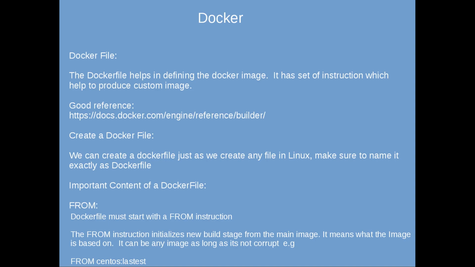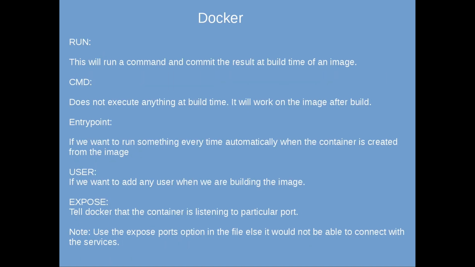It means what the image is based on, and it can be any image as long as it's not corrupted. When we create that image, you will be able to understand it properly. An example is FROM centos:latest.